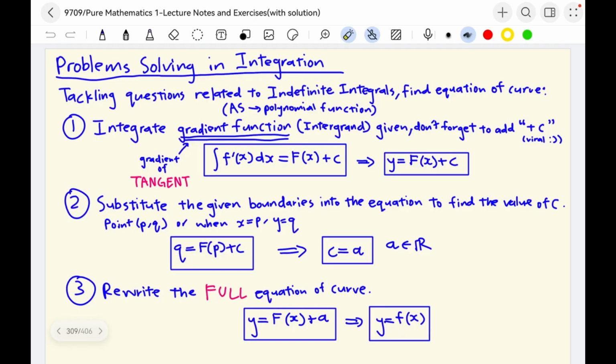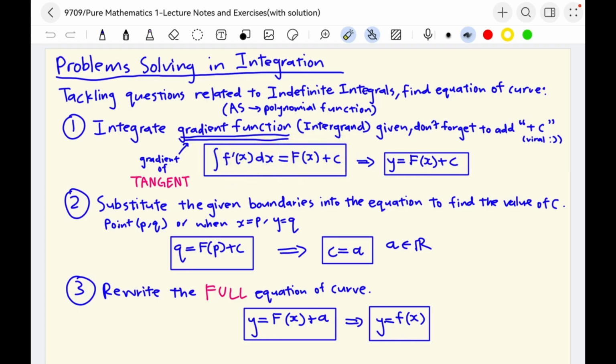First, get the gradient function in terms of x. That is your integrand to be integrated, or we can say it's the gradient of the tangent. After you integrate it with respect to x, you will get the result, and don't forget the plus c.